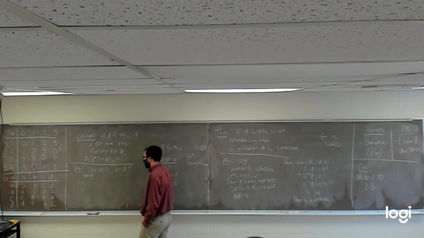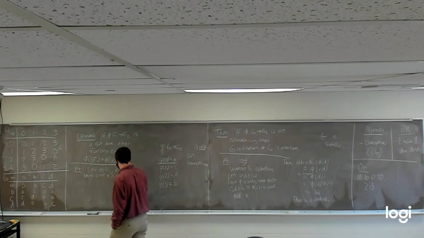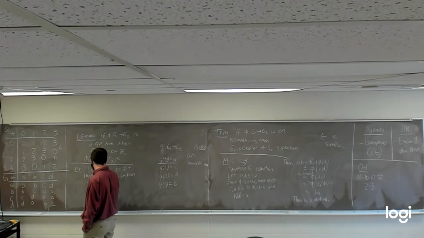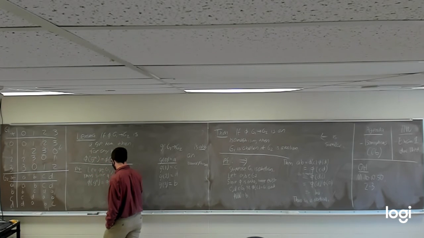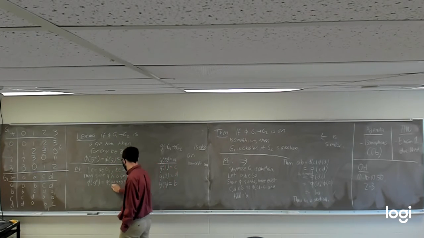Well, then if phi is a homomorphism, that's going to tell us that phi of g to the k, which by definition is just phi of g star g star g star, k copies of g.